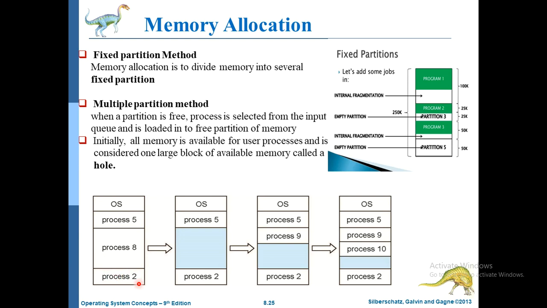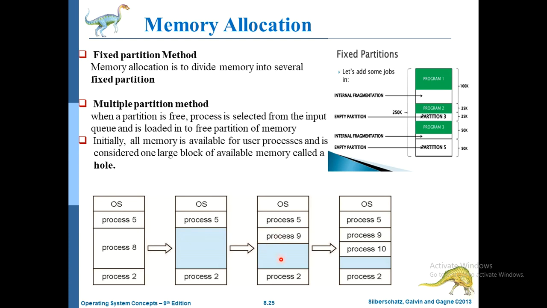If process 8 finishes its execution and exits, it will be swapped out to the secondary storage device. Now we get the free space for other processes. Next, process 9 wants to execute, then it will be copied to main memory. So how?